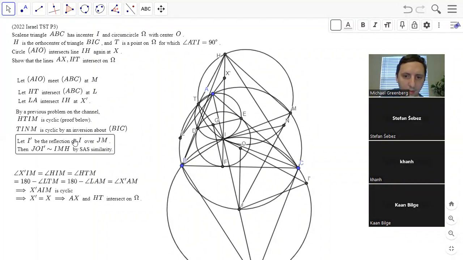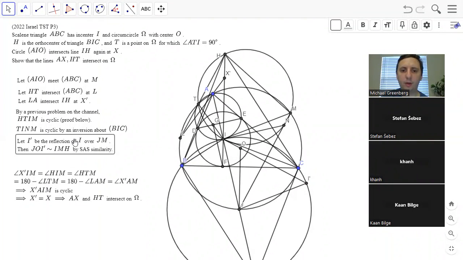But the main thing is that after you have those two similar triangles, the rest is just angle chasing to prove that angle HMN is equal to angle FIN.